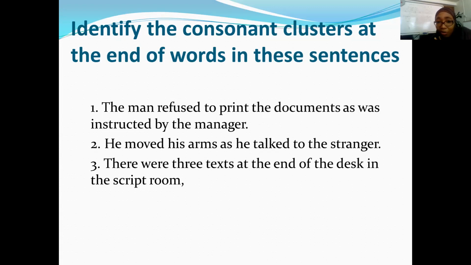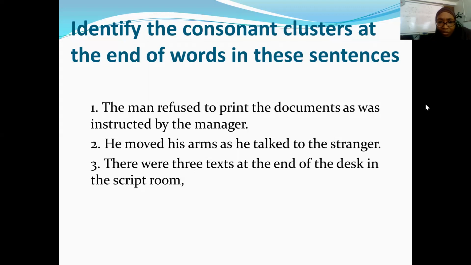Yes, the word refused. That's one in the first sentence. To print. Then the word print, that's another one in the first sentence. The document. That's three at the end. Document, that's another word. As was instructed by the manager.